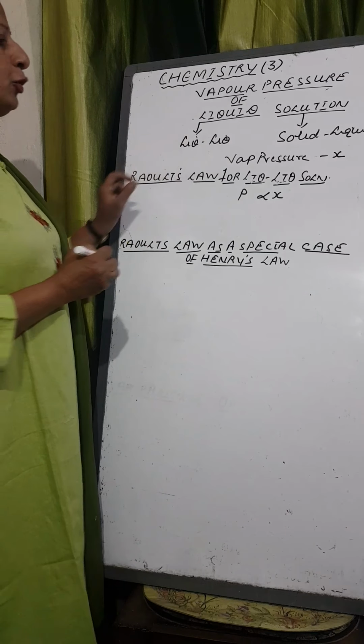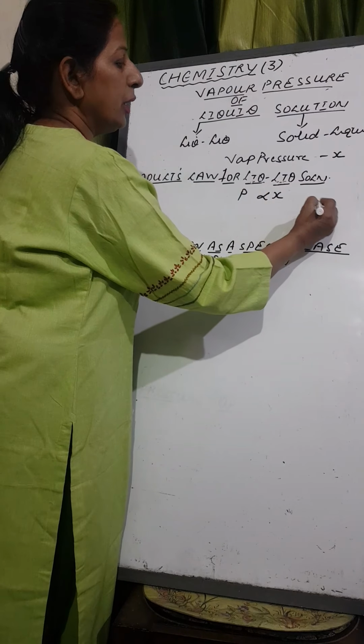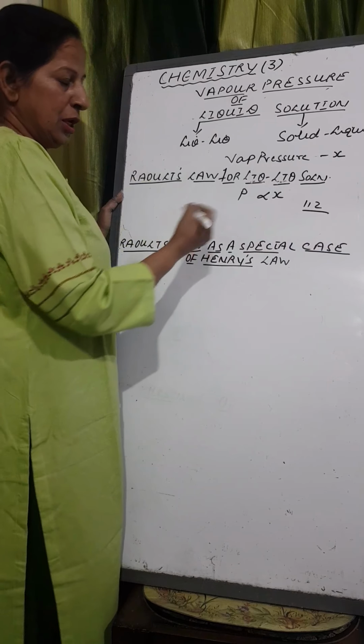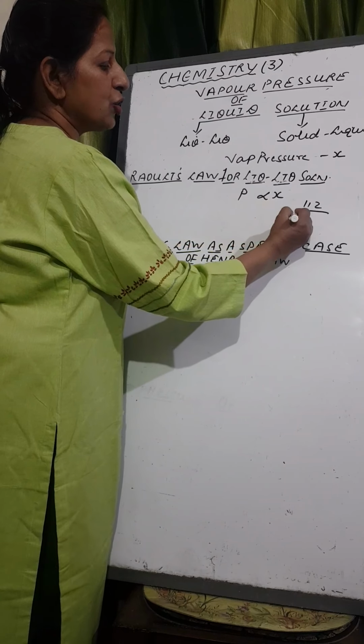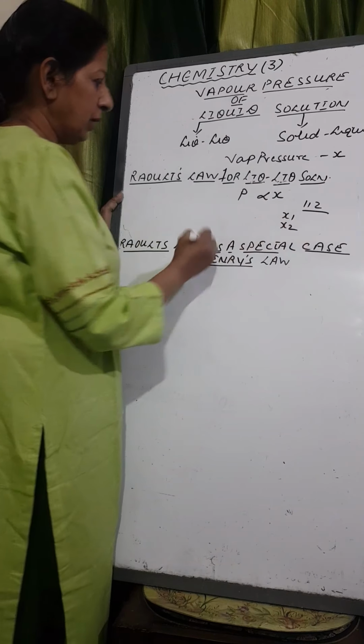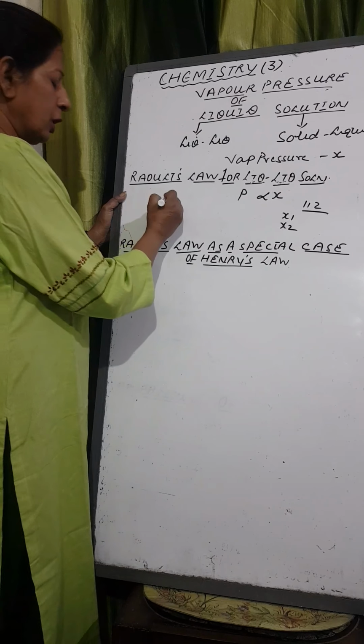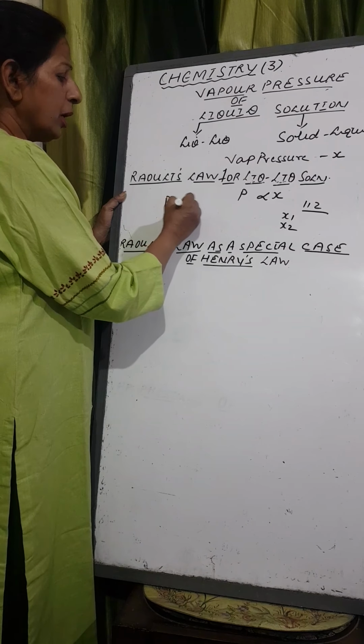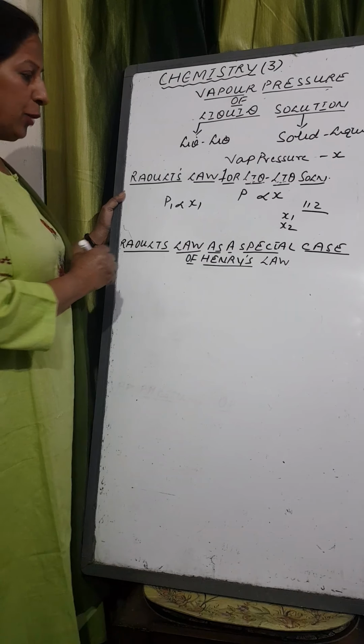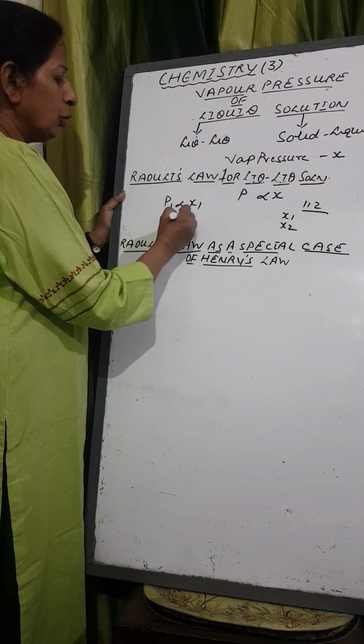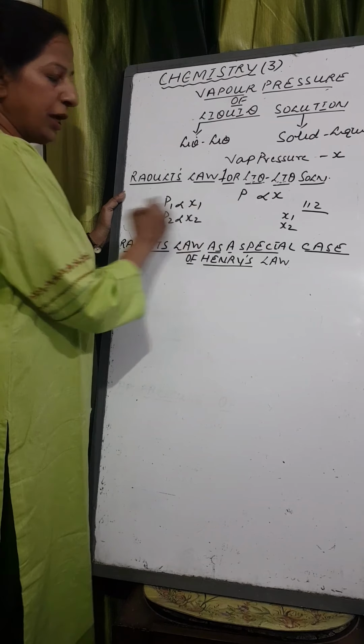Suppose we have two liquids, 1 and 2, in the solution. Their mole fractions will be chi 1 and chi 2 respectively. Then according to Raoult's law, P1 will be proportional to chi 1 and P2 will be proportional to chi 2.